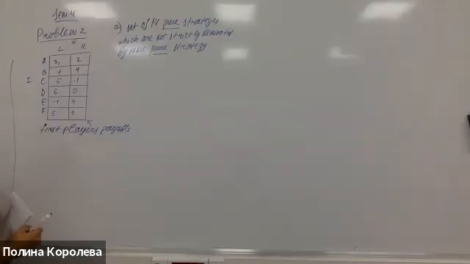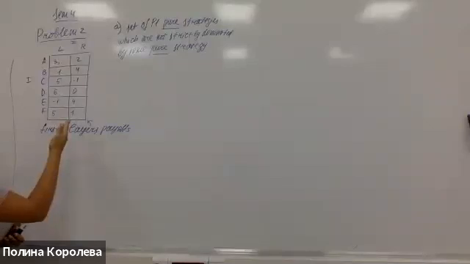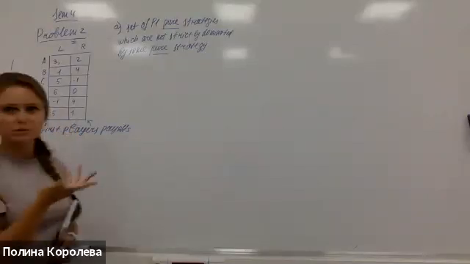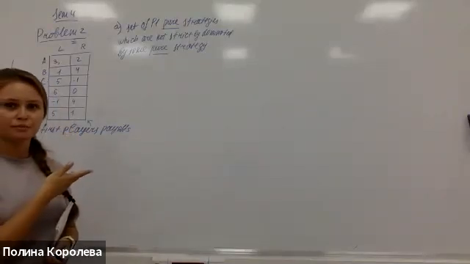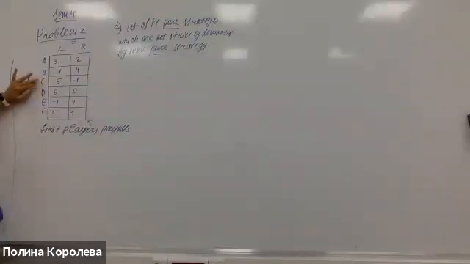Who can tell me? There is only one. The D is the best one. D is compared with which strategy? C, yes. So strategy C will be strictly dominated by D.